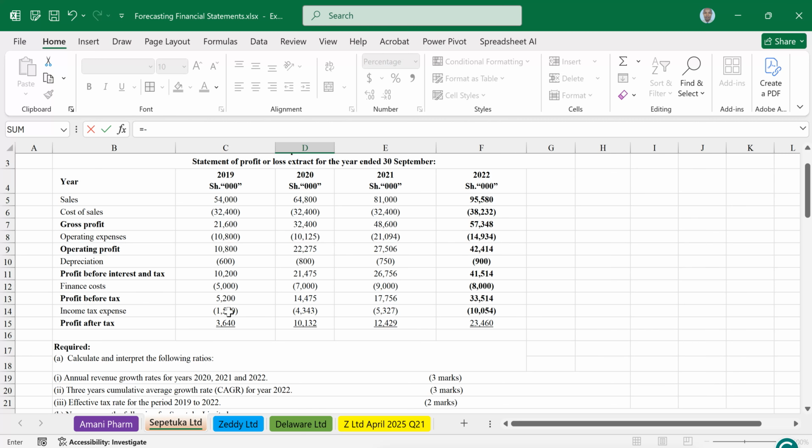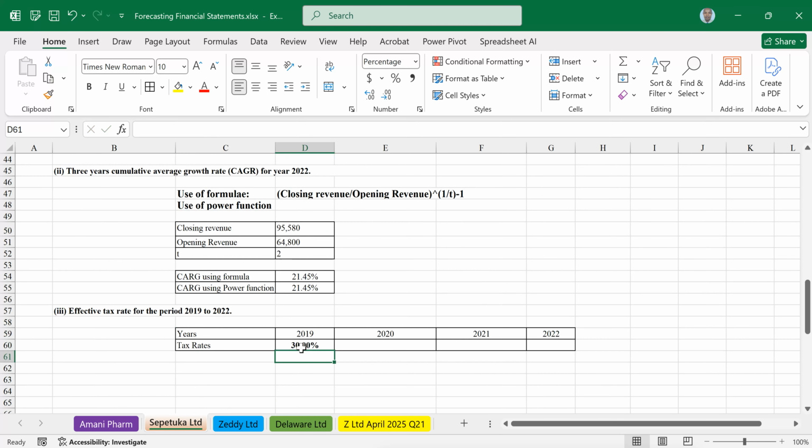Click on the income tax, then divide by profit before tax. So the tax divided by profit before tax. It's 30%, then drag across. All the others I believe are just 30%. That is the tax rate.